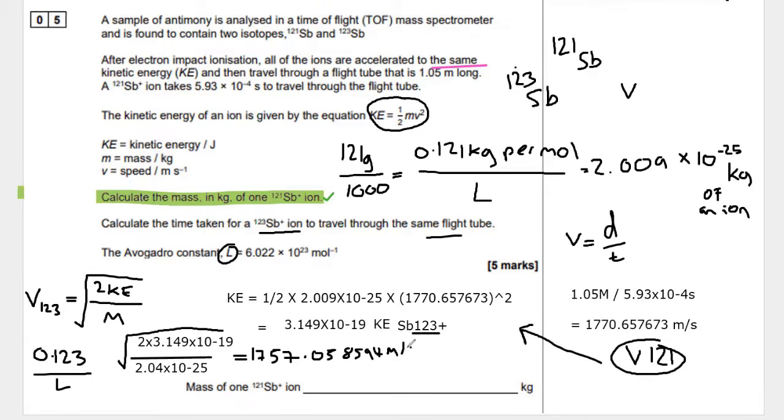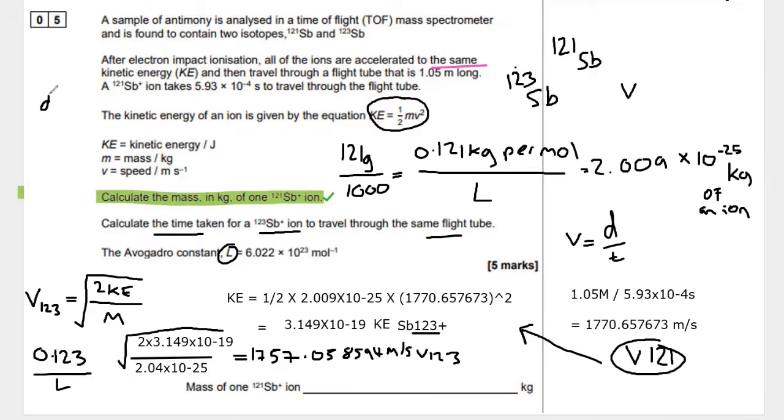What do we need to do next? Well, we needed to calculate the time. So now we have the velocity, that's V123. We can go all the way up and rearrange distance over time and velocity to find the time.